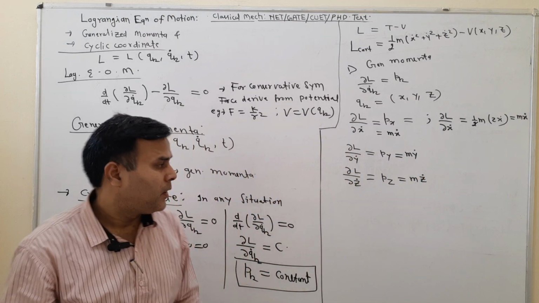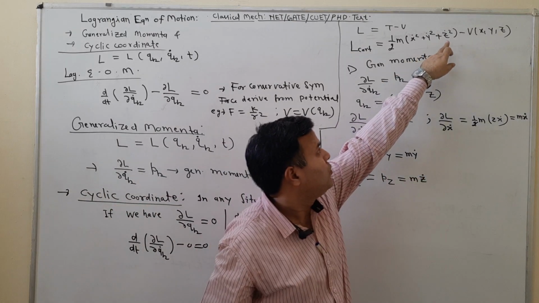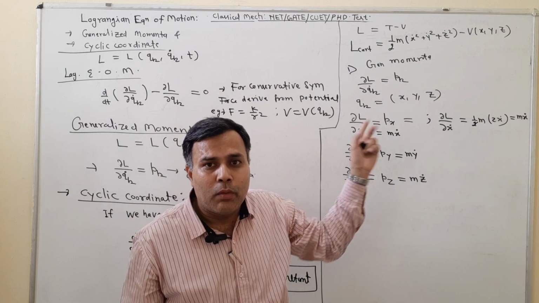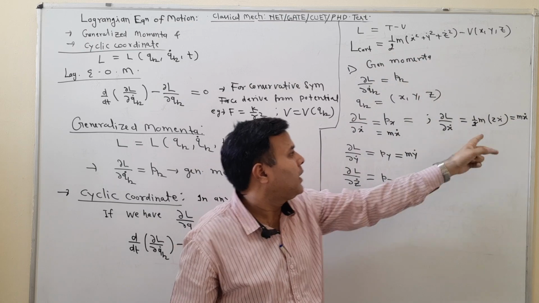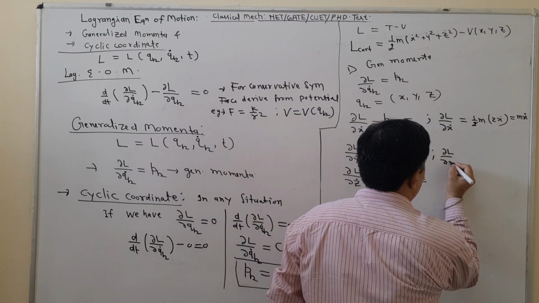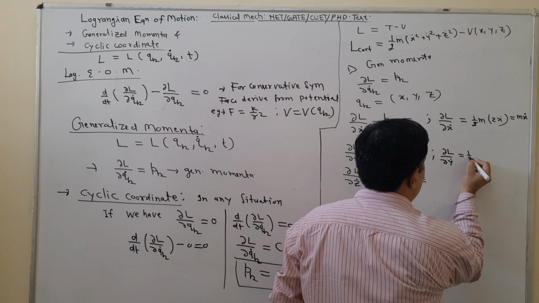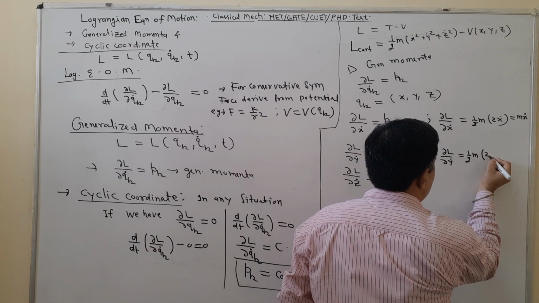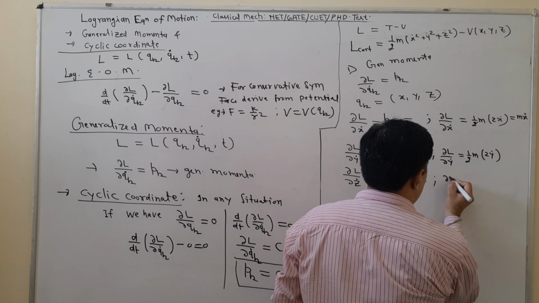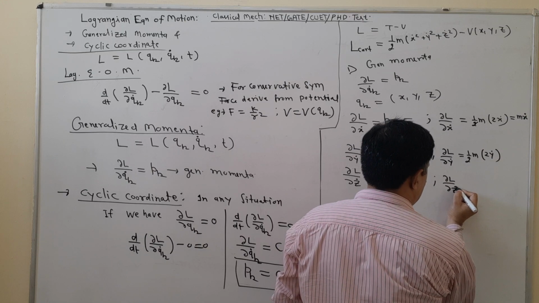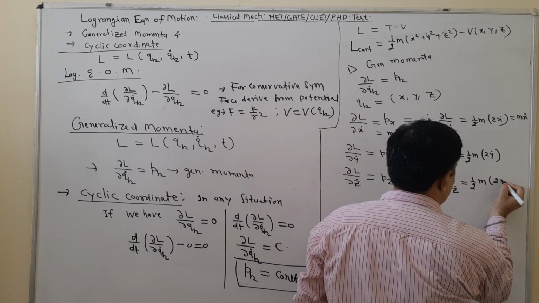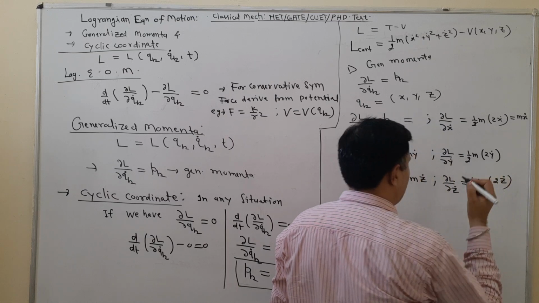This is simply mz dot. Differentiating partially with respect to z dot, del L upon del z dot will give 2z dot, and 1 by 2m is outside, so 2 will again cancel out. Del L upon del y dot is 1 by 2m 2y dot, and del L upon del z dot is 1 by 2m 2z dot.